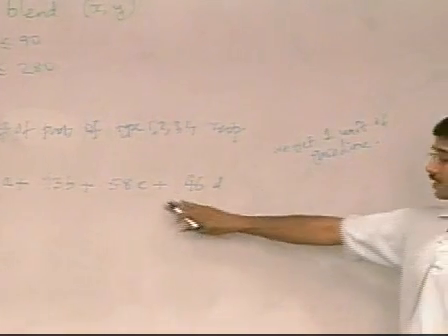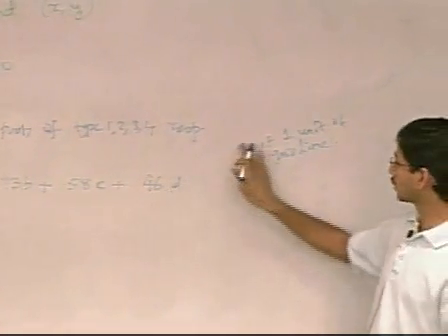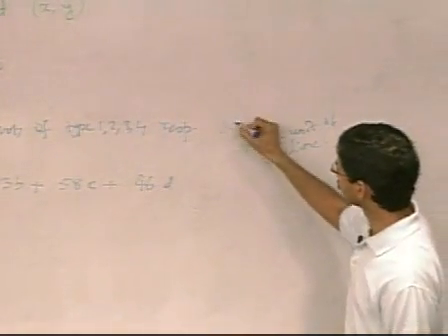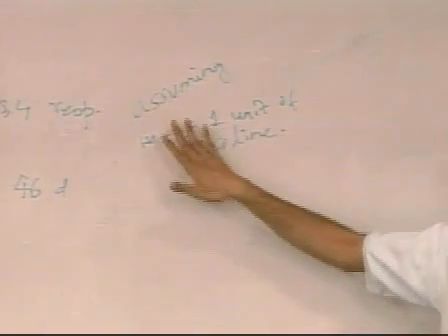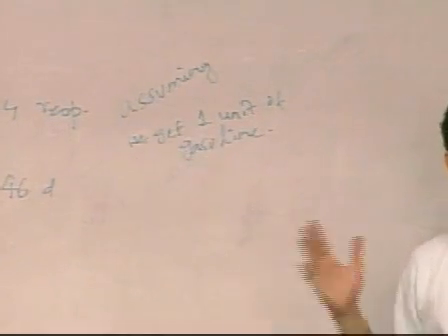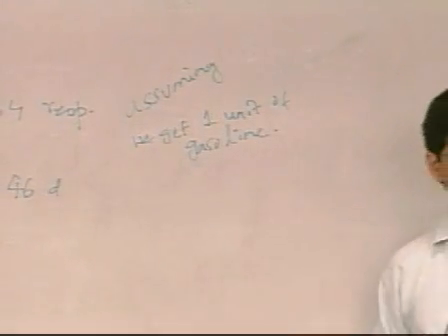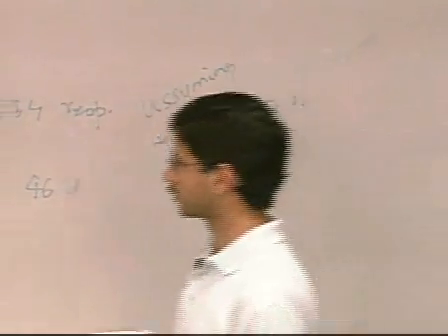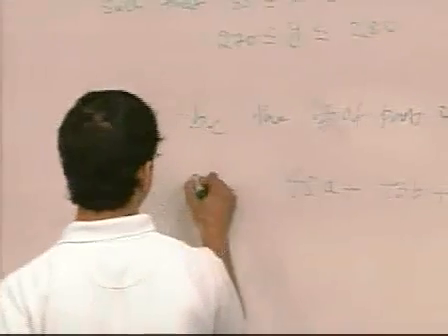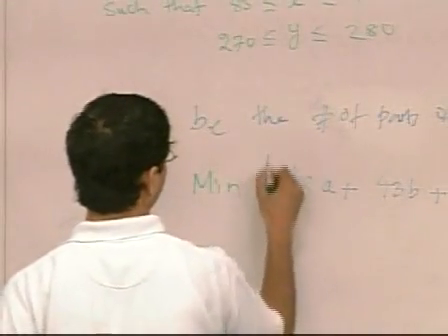This is going to be my cost, assuming we get 1 unit of gasoline. So let's make that assumption that after we do this, we get 1 unit of gasoline, and this is going to be the cost, and I want to minimize this quantity.